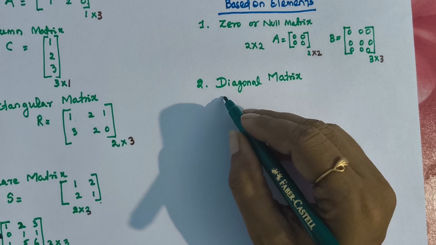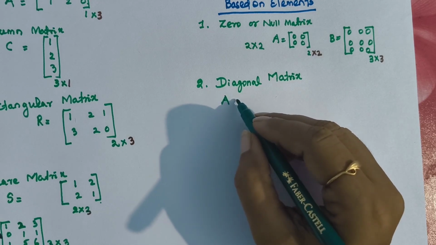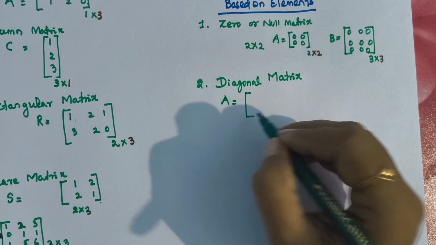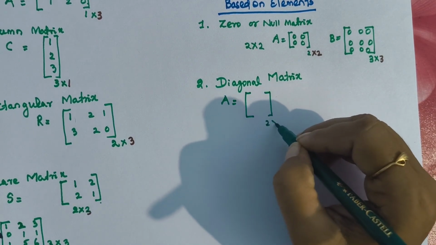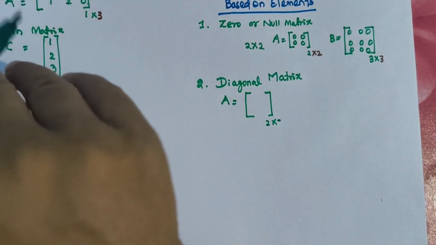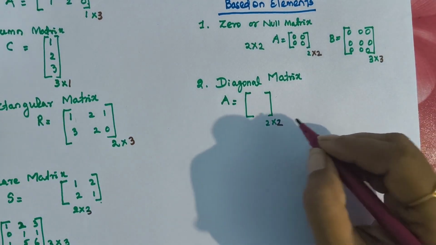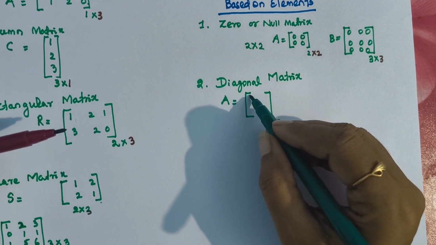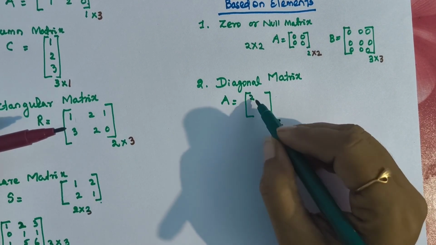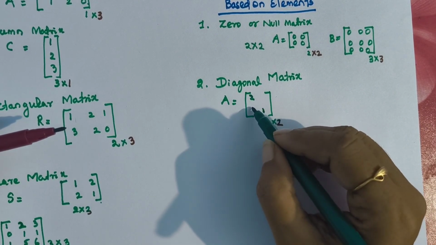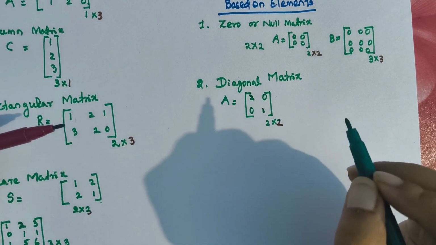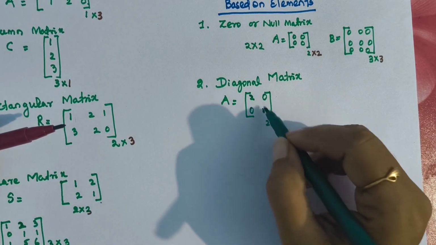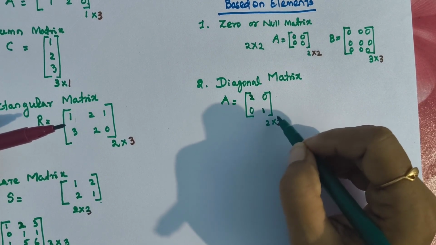Let's suppose A is a diagonal matrix of order 2 by 2, with 2 and 1 as the main diagonal elements and the rest of the elements 0. So this is a diagonal matrix.